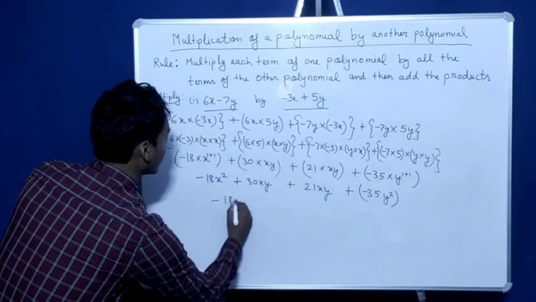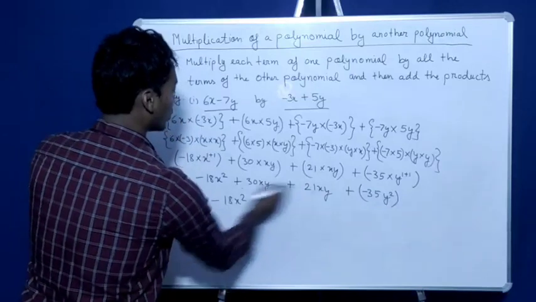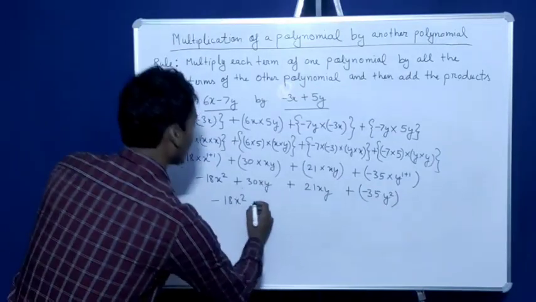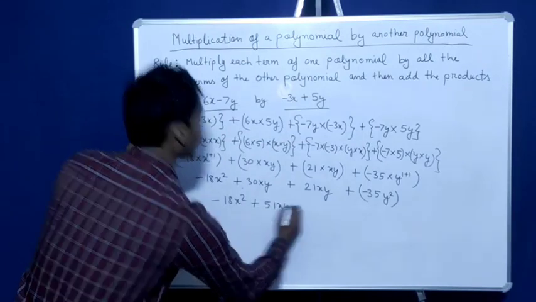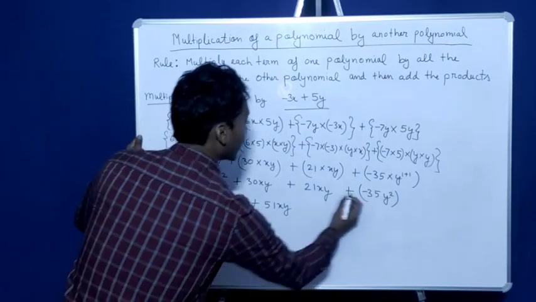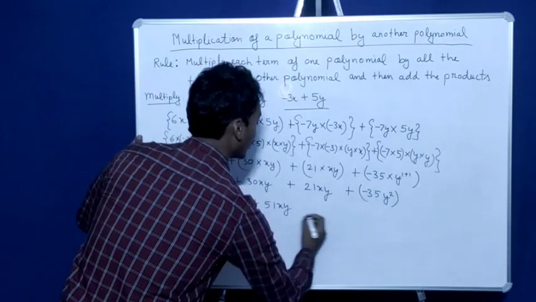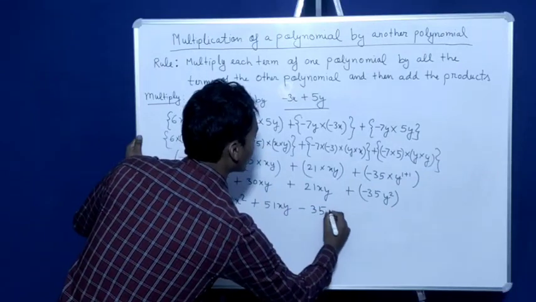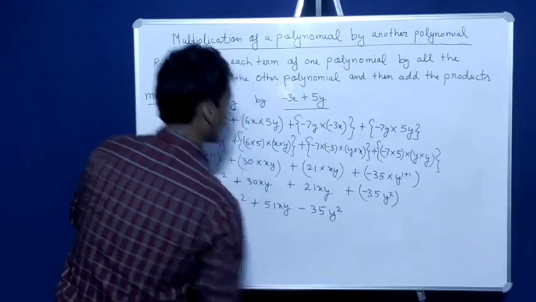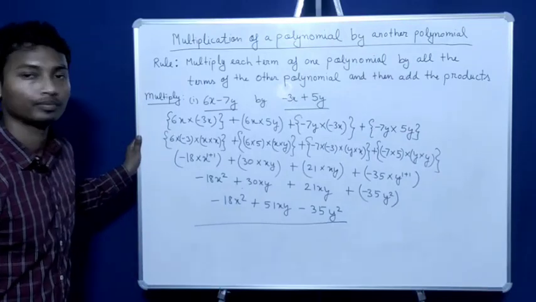So -18 x square plus and plus, so 30 plus 21 will give us 51 xy. Then here we have a positive and a negative, so when we open the brackets, negative and positive will make negative, so -35 y square. So this is the answer.